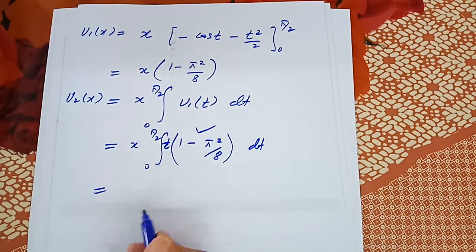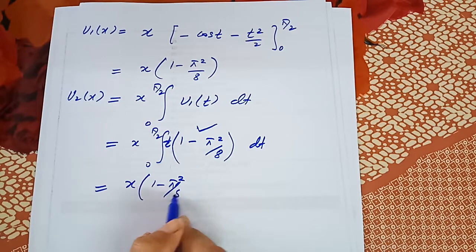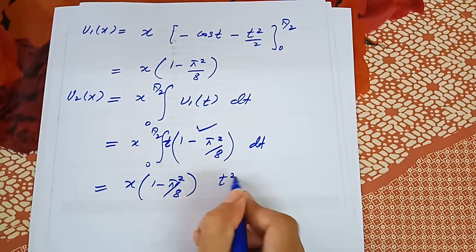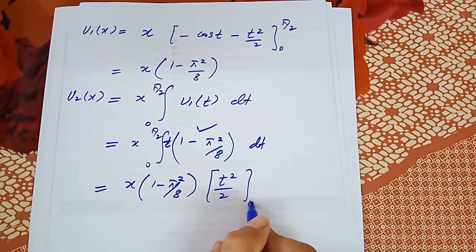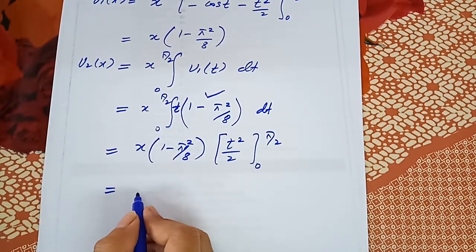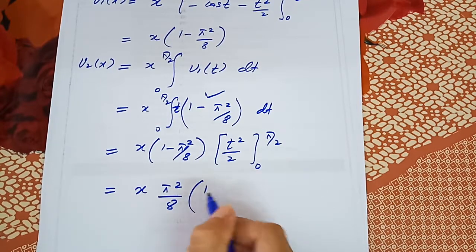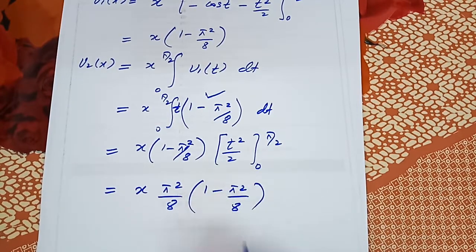Now this bracket is a constant, take it outside, and integration of t is t square by 2 from 0 to pi by 2. After simplification we will get x pi square by 8 times 1 minus pi square by 8.